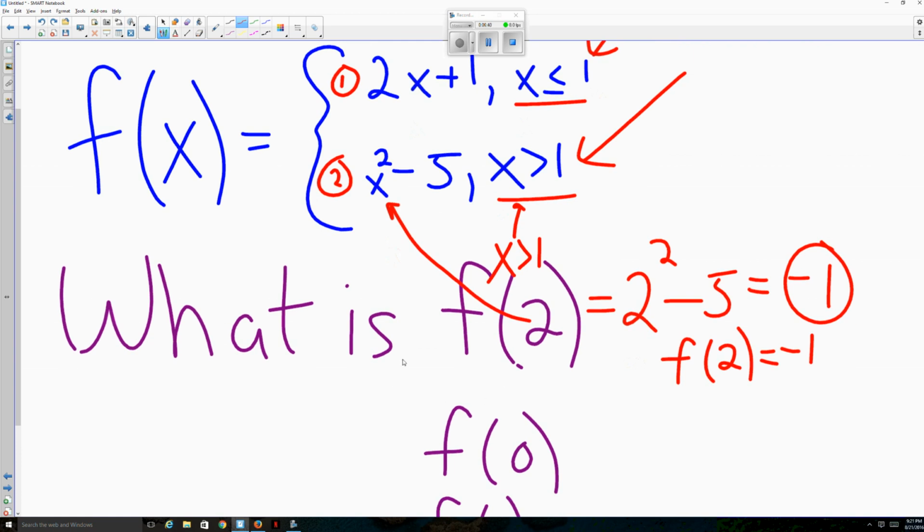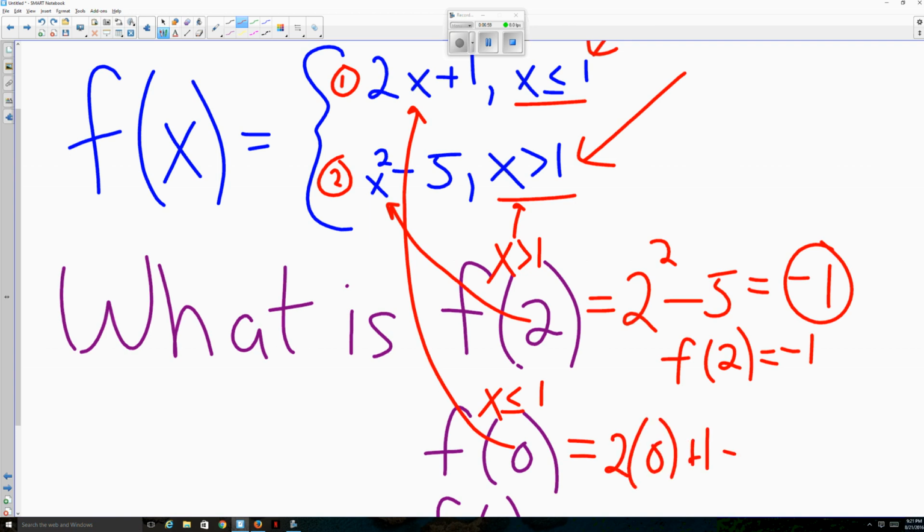Here's the next one. f of 0. Well, notice that this x value is less than or equal to 1. So I'm going to plug in 0 right there. So this equals 2 times 0 plus 1. That equals 1. So f of 0 equals 1. Let's look at that on the graph.